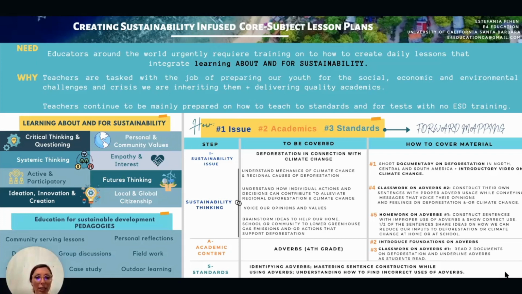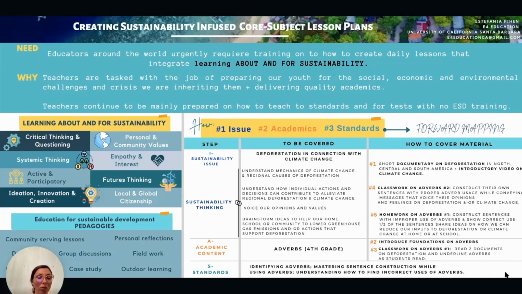Okay, so as a second activity, the teacher determined that it was important to start introducing the foundations on adverbs. And then subsequently, she gave the students classwork on adverbs. But that classwork meant that the students were reading documents specific on deforestation, and while they were doing the reading, they were underlining the adverbs.